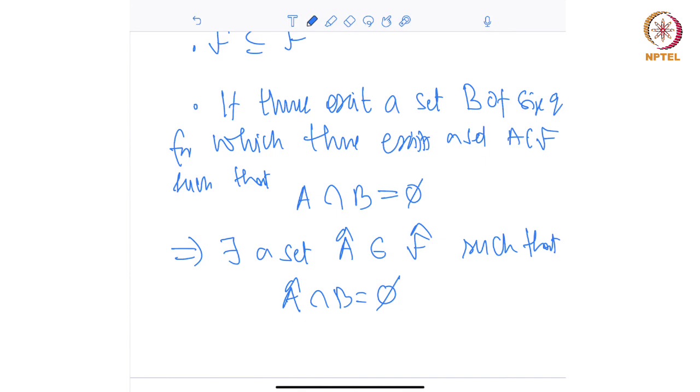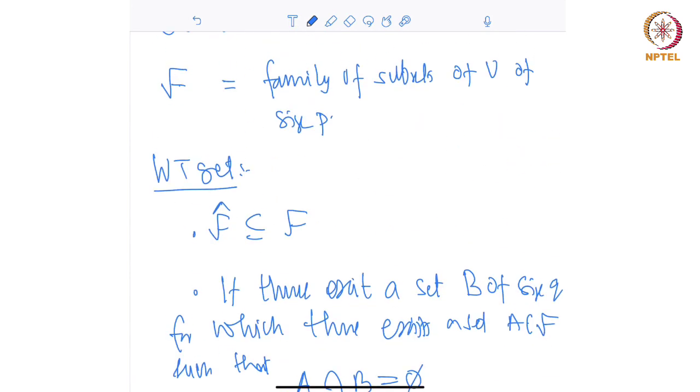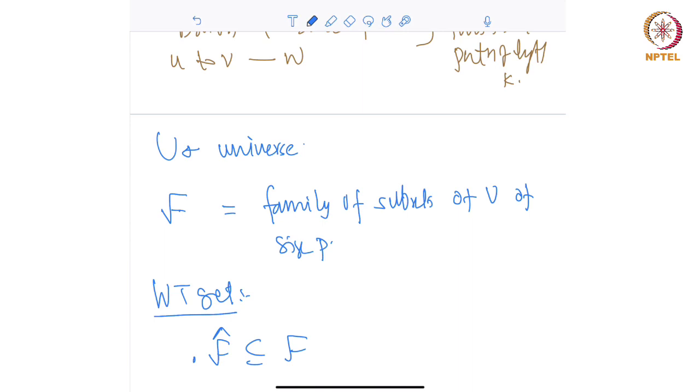Here the universe is huge and Q is an integer.